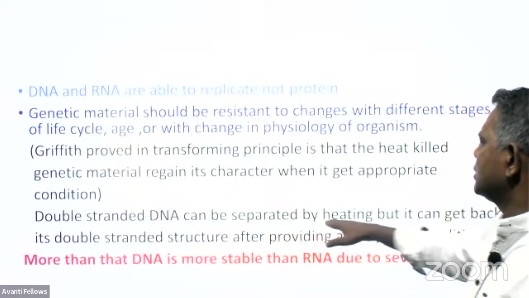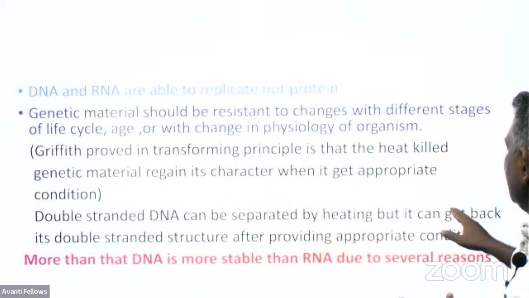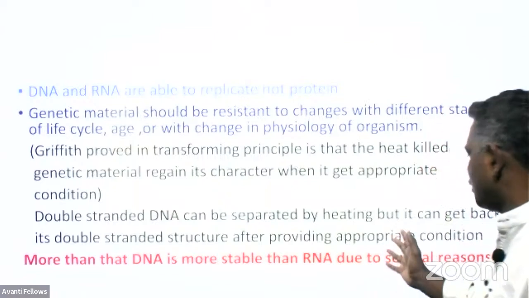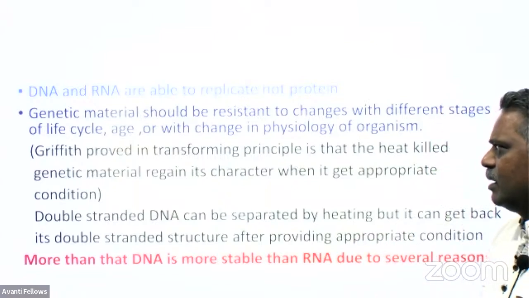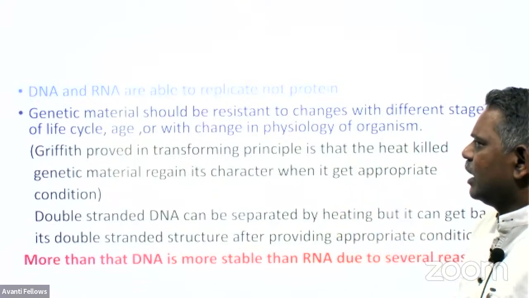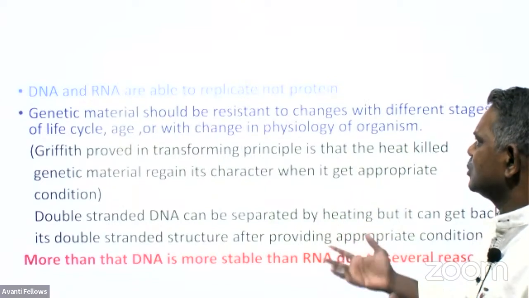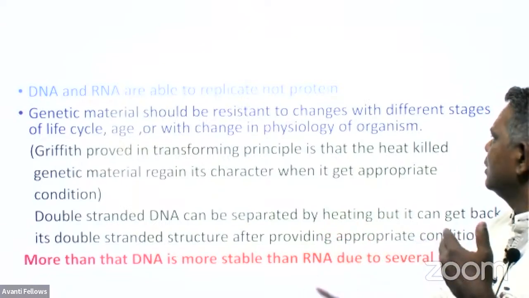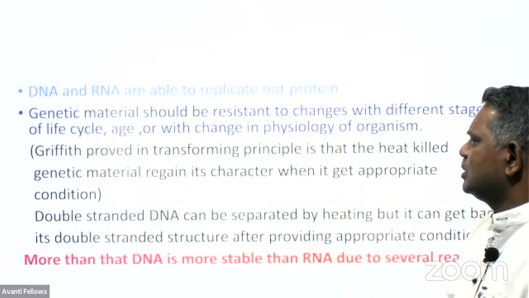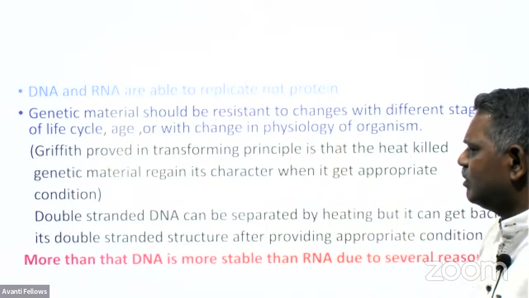Double-stranded DNA can be separated by heating, but it can get back its double-stranded structure after providing an appropriate condition. That means it is somewhat stable, and it is resistant to changes with the different stages of life cycle, age, or with the change in the physiological aspects of the individual.